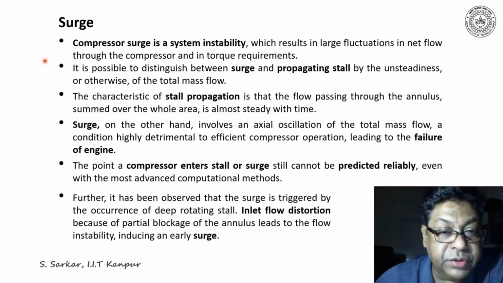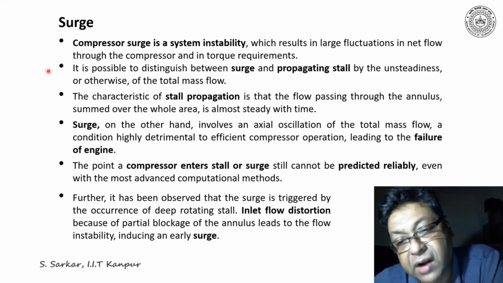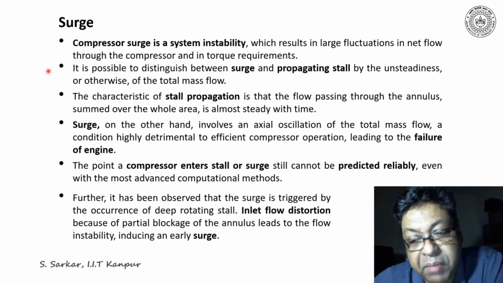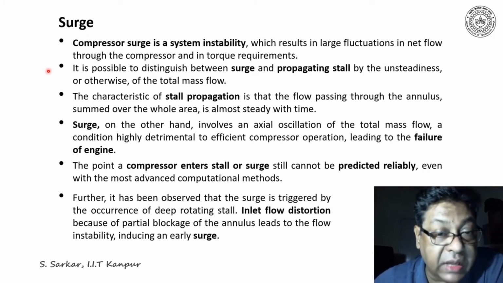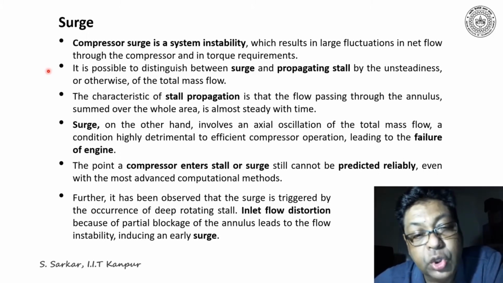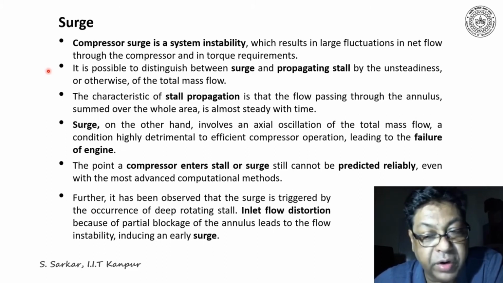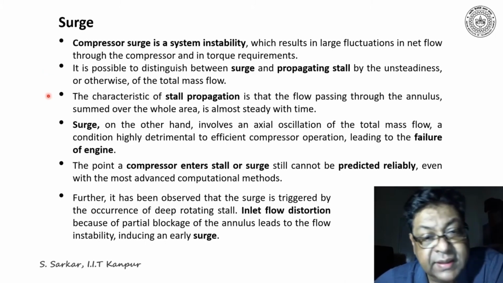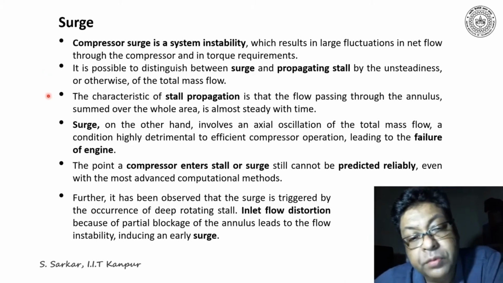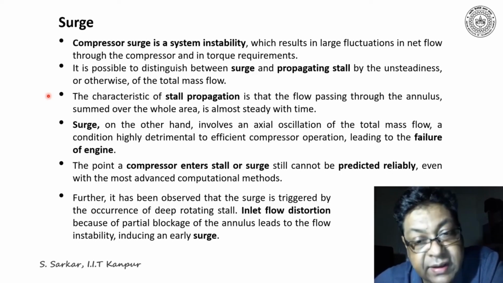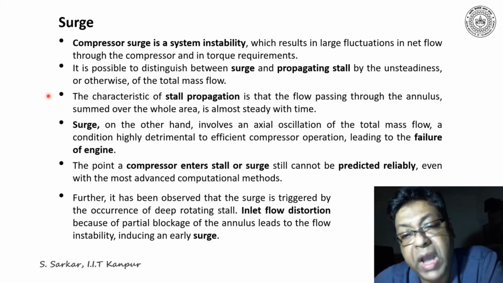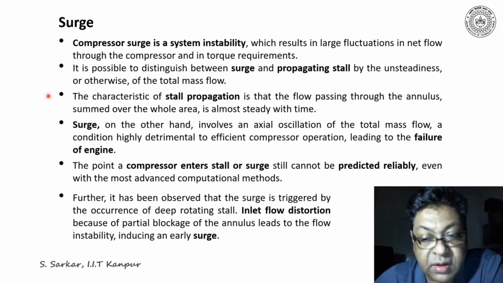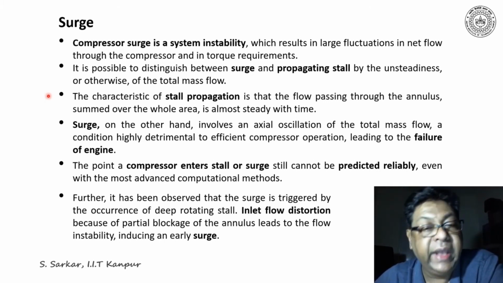It is possible to distinguish between surge and rotating stall by the flow unsteadiness, or otherwise by the total mass flow rate through the compressor. It should be noted that the characteristic of stall propagation is that the flow through the annulus, summed over the whole area, is almost steady with time.